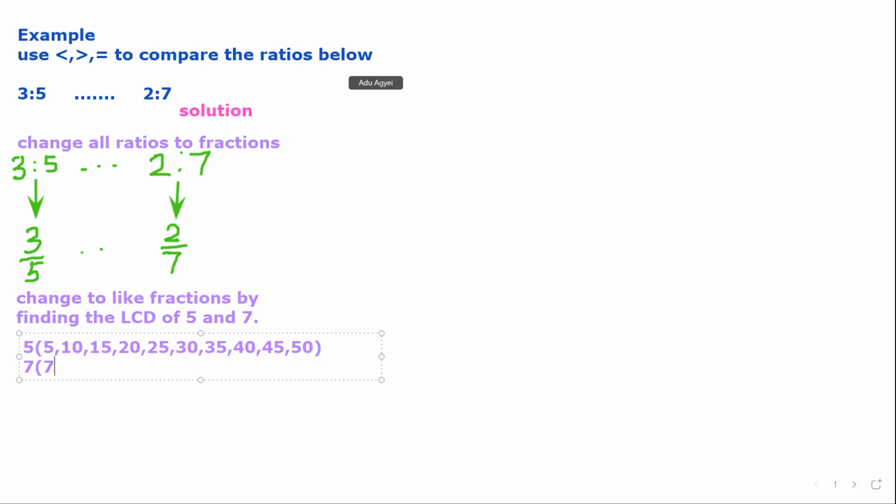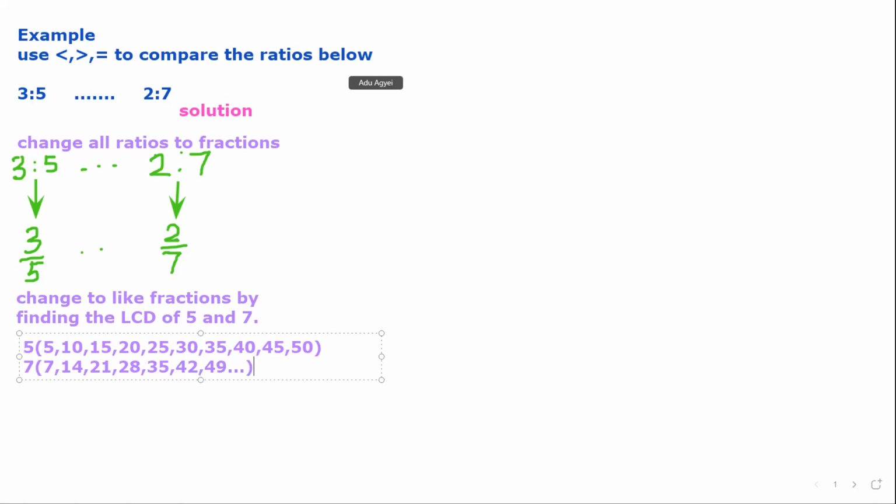We have 7, then 14, 21, 28, 35, 42, 49. Then you leave 3 dots, indicating that there's a continuity of this one.